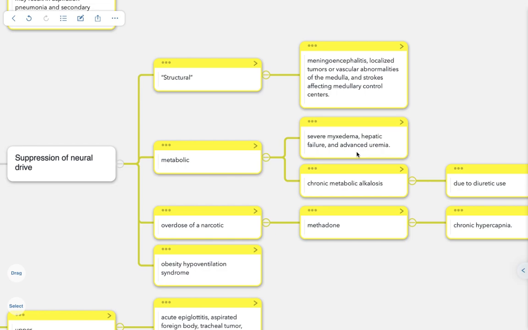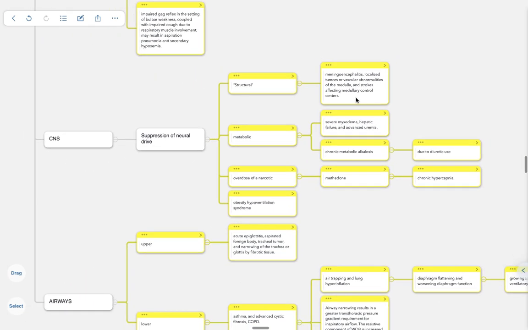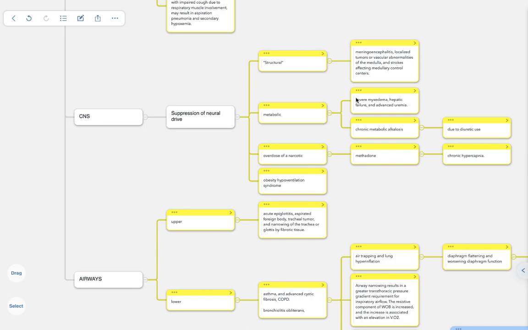The patient might also be suffering from a chronic metabolic alkalosis, which happens when the patient has been on long term diuretic use. Apart from that, there could be some structural causes which would lead to a suppression of the neural drive. This includes meningoencephalitis, some localized tumors, vascular abnormalities of the medulla, stroke which is affecting the medullary control, any structural abnormality causing a dysfunction of the medulla or involving the medulla can cause this condition, right?